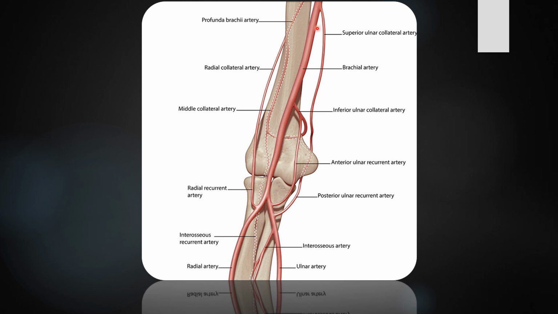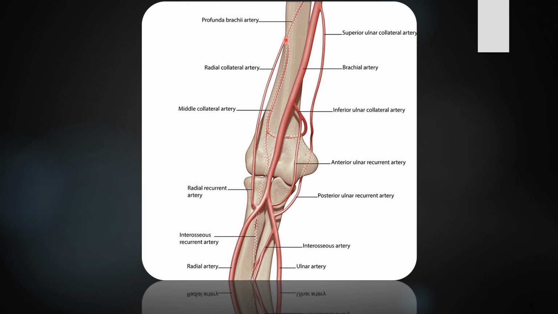Now this brachial artery gives the superior ulnar collateral artery and the inferior ulnar collateral artery, and along the posterior side it gives the profunda brachii artery. So it gives three branches: superior ulnar collateral, inferior ulnar collateral, and the largest branch, the profunda brachii artery, which crosses the spiral groove and enters the lower triangular space.